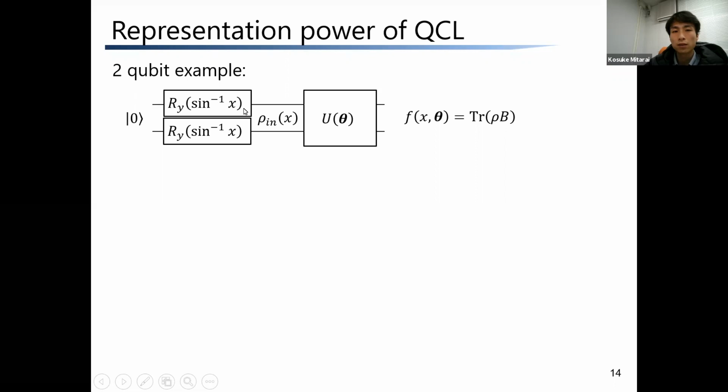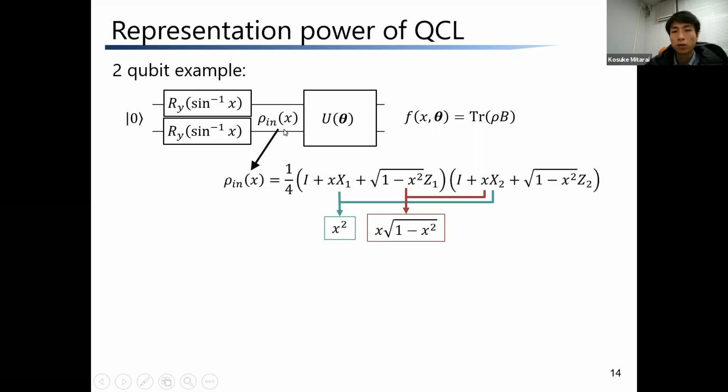If you apply this rotation gate, this will produce a state like this. I will use density matrix notation because the output is linear in the density matrix. If we use state vector notation, it will be complicated because the output will be nonlinear in the elements of the vector. But if you use the density matrix, that does not happen.